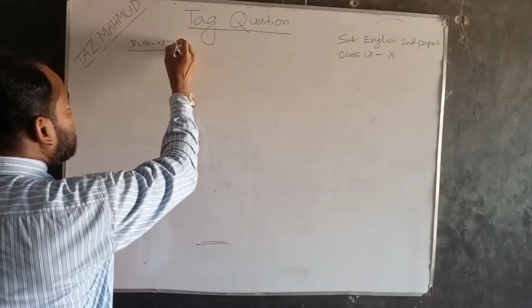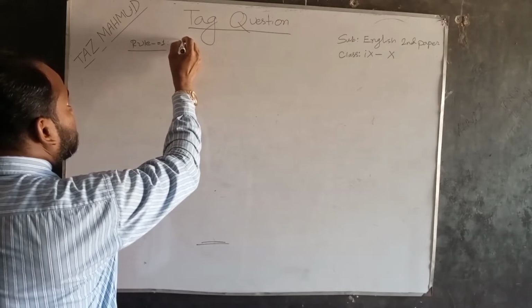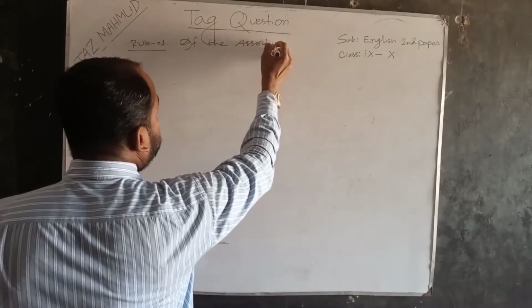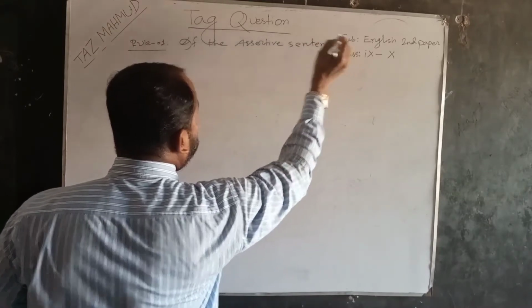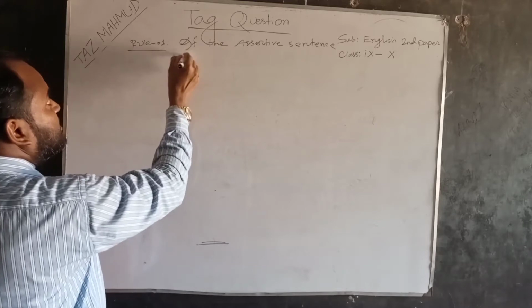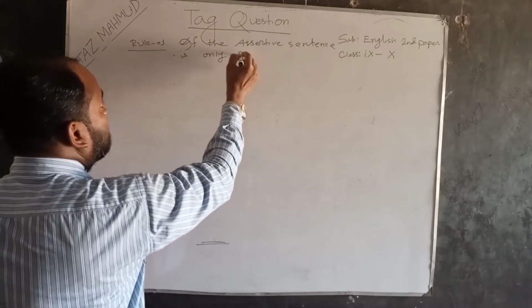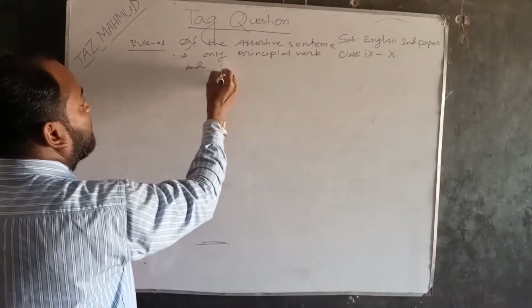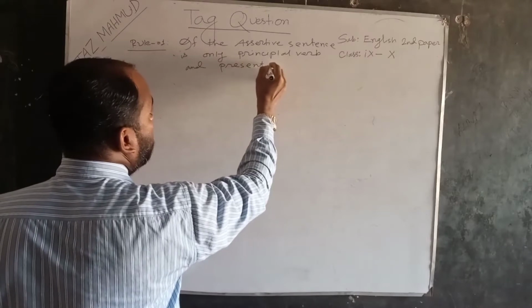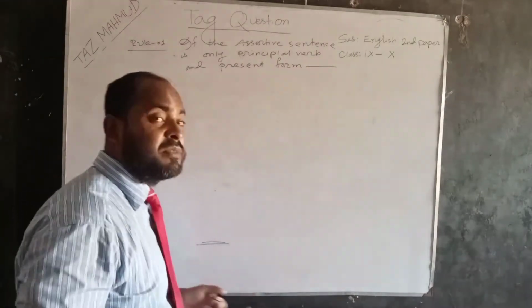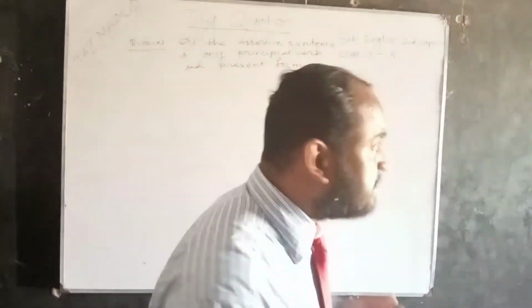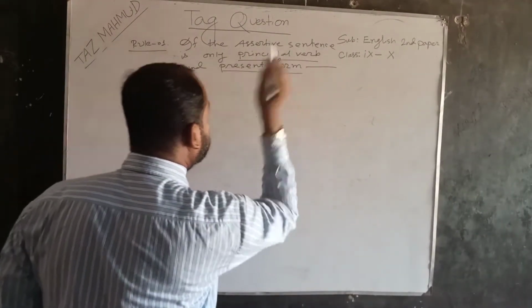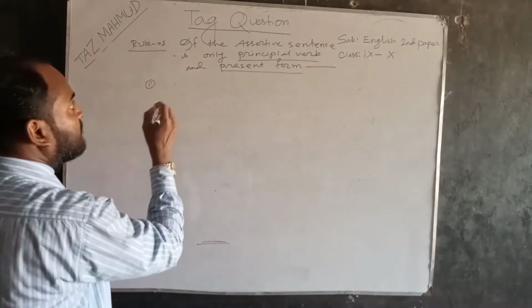Rule 1: if the assertive sentence has only a principal verb, the present verb, then we have to follow the rules.